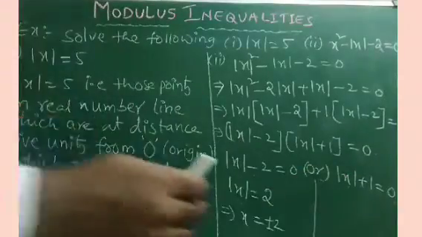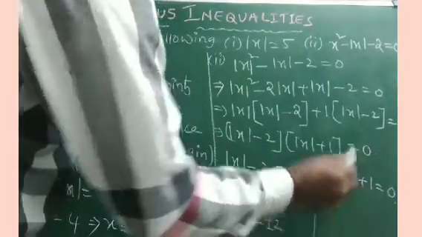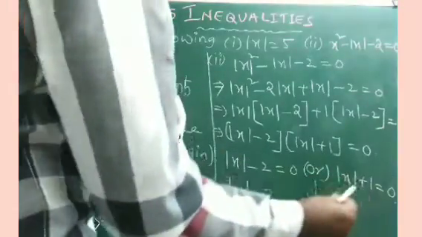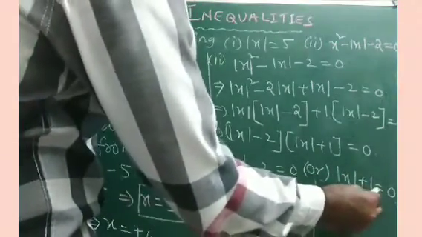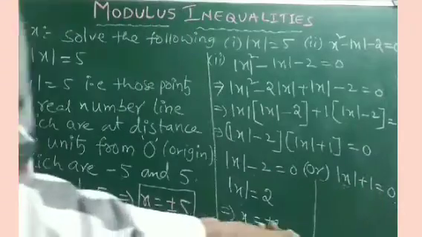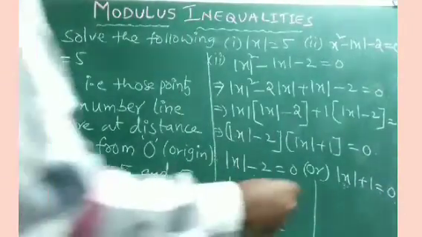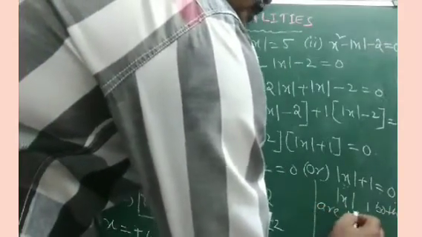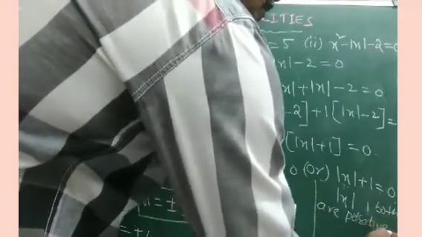So finally, this situation cannot be possible because modulus of x is nothing but the absolute value of x, which is never negative. When there is no negative, this is positive and this is positive. So the sum of the two positive numbers is never 0. So both are positive, so this case does not exist.